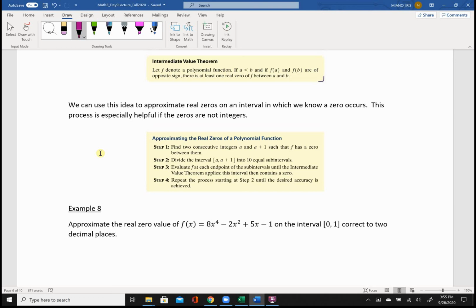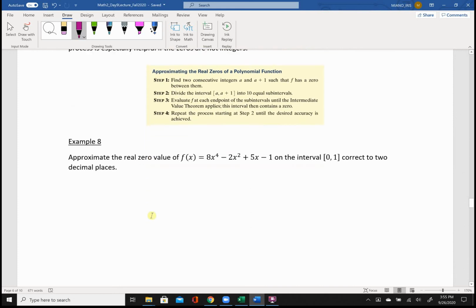Okay, so the first thing you need to know in order to go through this process is that there is a zero on the interval that you choose. And generally the interval that you choose is some unit length interval. Okay, so it's got some lower bound, and then the upper bound is 1 unit away from it. Okay, so if you know that there's a zero between them, and you want to approximate the value of that zero, you can go through this process here, these 4 steps.